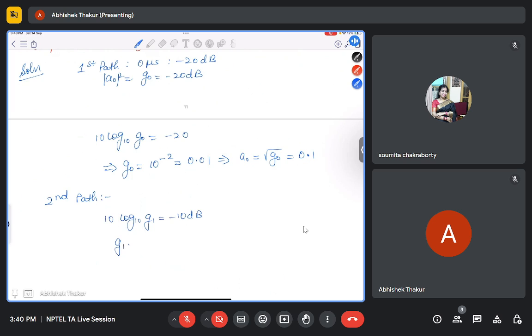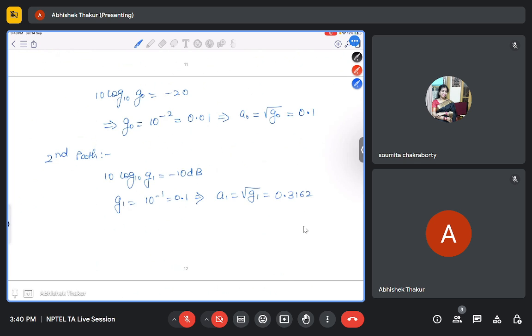So G1 is equal to 10 to the power of minus 1, that is equal to 0.1. Okay, so now A1 is equal to the square root of G1, so that will be equal to the square root of 0.1, which is 0.3162.